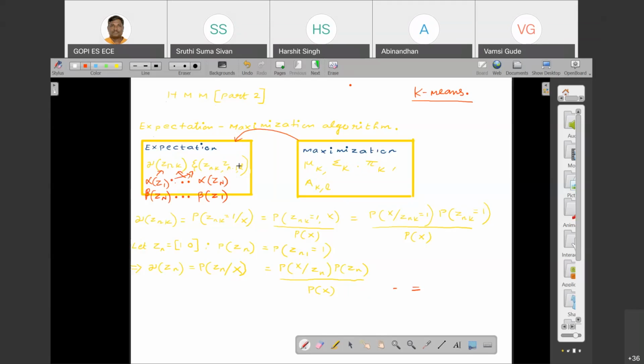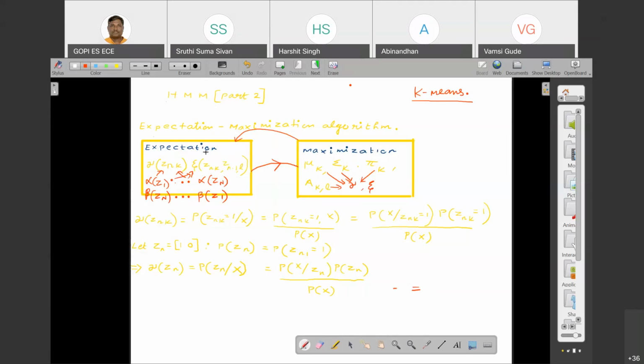And once you get this, you once again go for the maximization step, where your mu k, sigma k, pi k, akl, everything is written in terms of gamma and zeta. So all the expressions are in terms of this, so we are able to get these values.